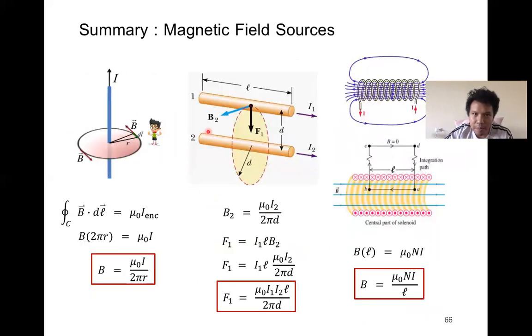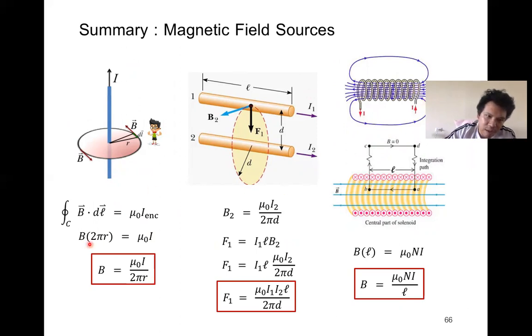And for magnetic field sources, in part 2, we learned how to use Ampere's law to find the magnetic field in the case of a straight line, and we learned how to find the magnetic field in the case of a solenoid.